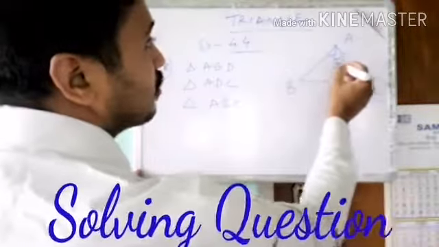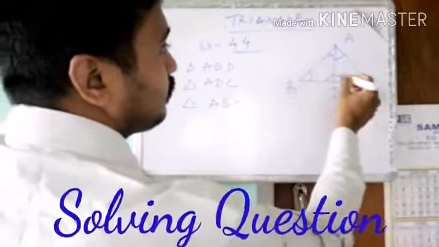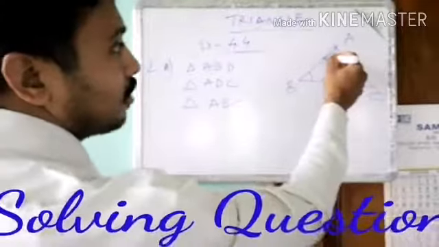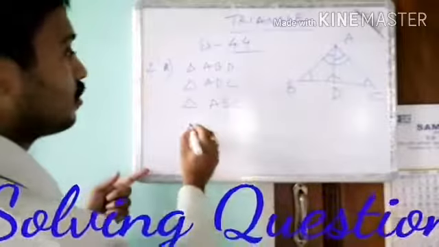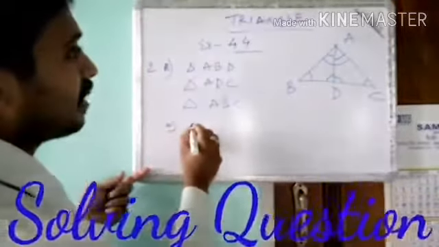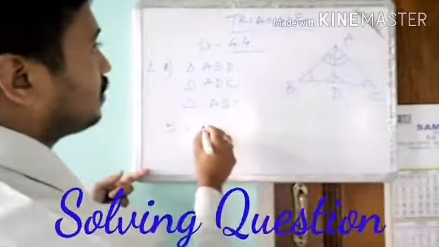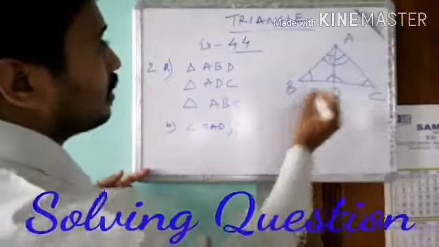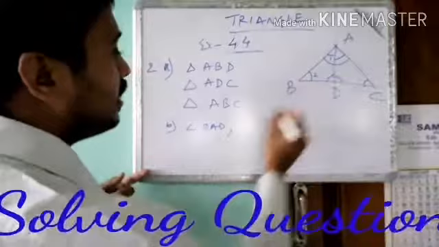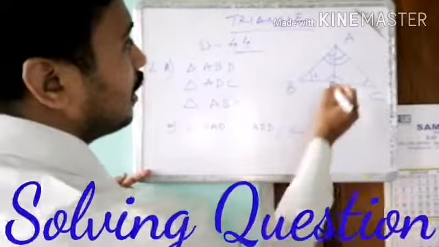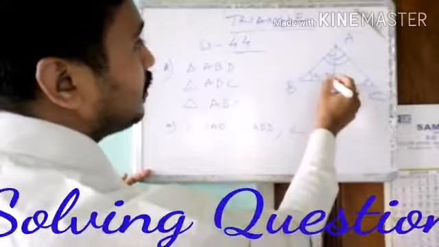These are called angles. 3, 3, 6 and this whole is one angle. So 7 angles. Angle number 1, that is BAD. Angle 2, ABD. Angle 3, that is ADB. Children, you can name ADB and BDA.